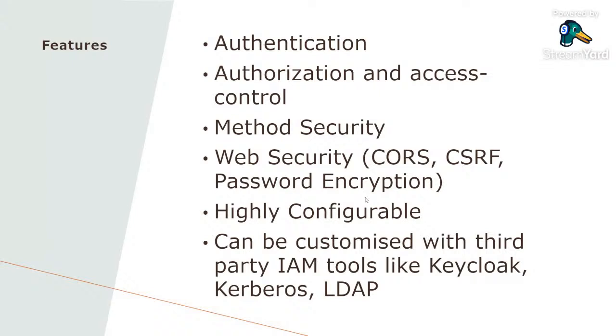How do you know if somebody is allowed to do some editing while some other admin is allowed to do everything? He can even delete. Delete is a different method. Update is a different method, we call it a put method. Post is where we send new data. How do we implement this kind of security? The user is allowed to log in, but how much control has he over calling certain methods? That is called method security.